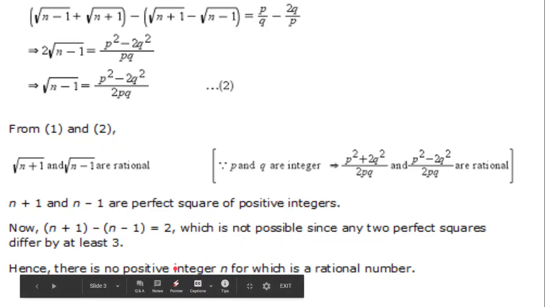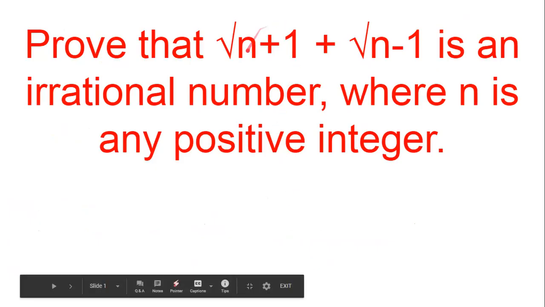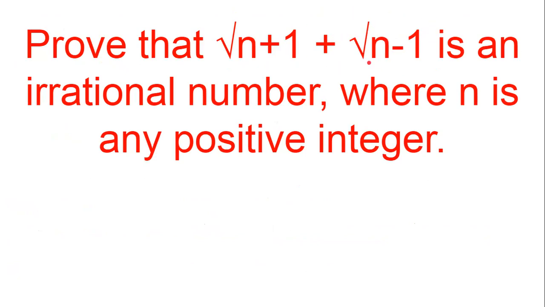So our assumption is false, because there is no positive integer n for which this one is rational. So you can say that square root of n plus 1 plus square root of n minus 1 is always an irrational number for any positive integer n.